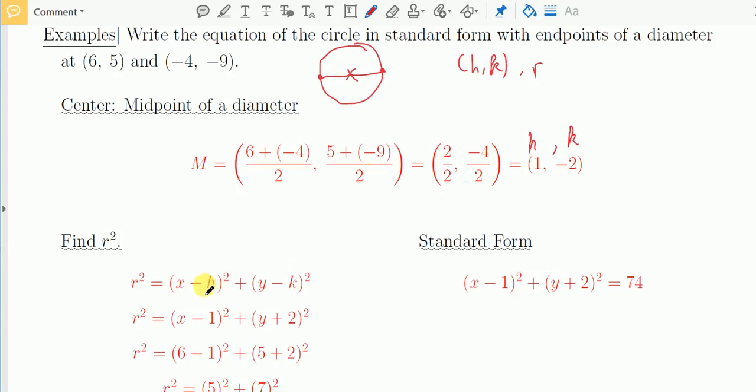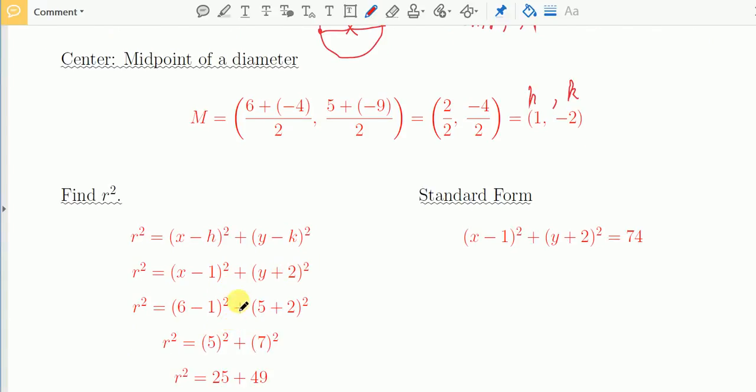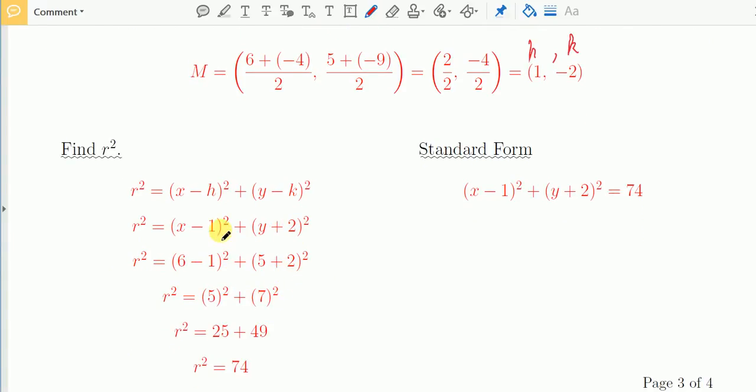Now the equation in the standard form is r squared equals x minus h squared plus y minus k squared. We have h to be 1, so plug in 1 for h, and minus 2 for k. So minus becomes plus, right? Squared, and you end up at this point.